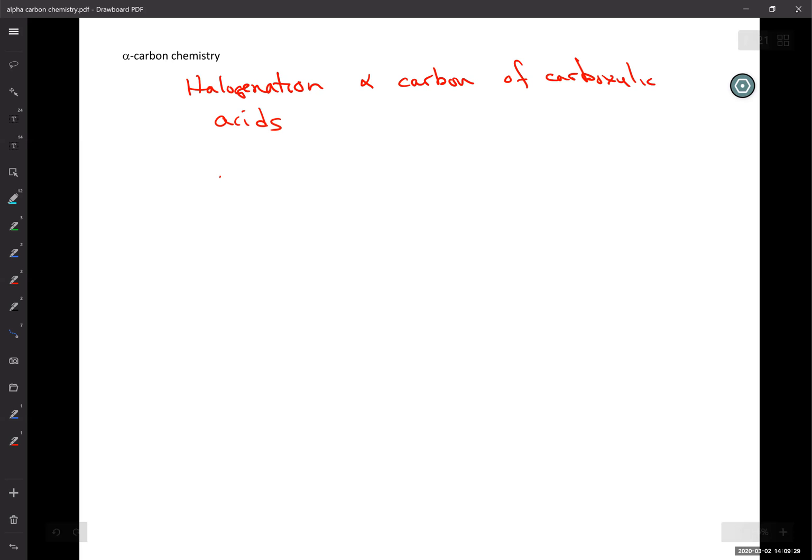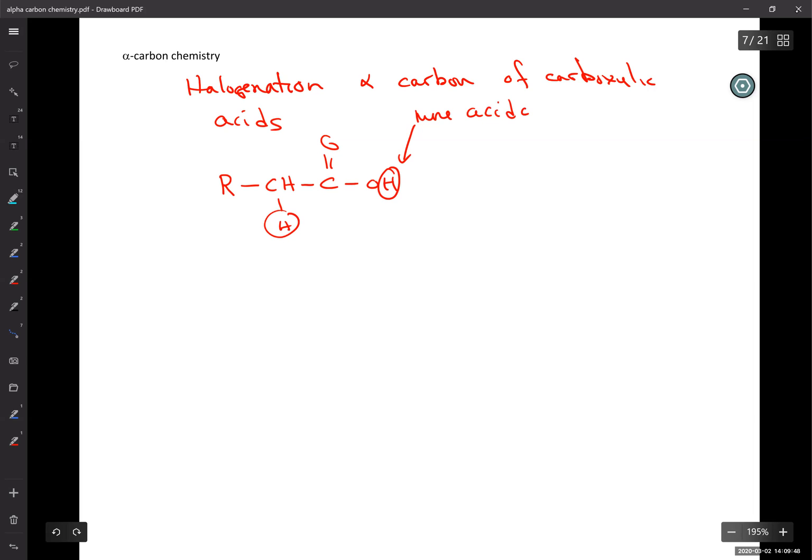So you can't straight up, if you have the CH2 and then the C double bond O, OH, you can't just flat out pull this hydrogen off because the OH hydrogen is more acidic. Well, that's essentially what you're going to end up doing.